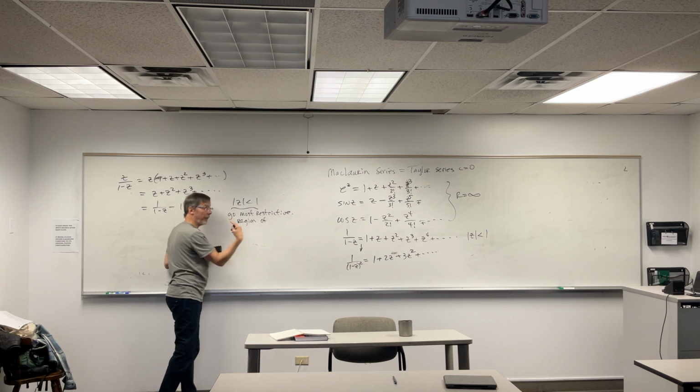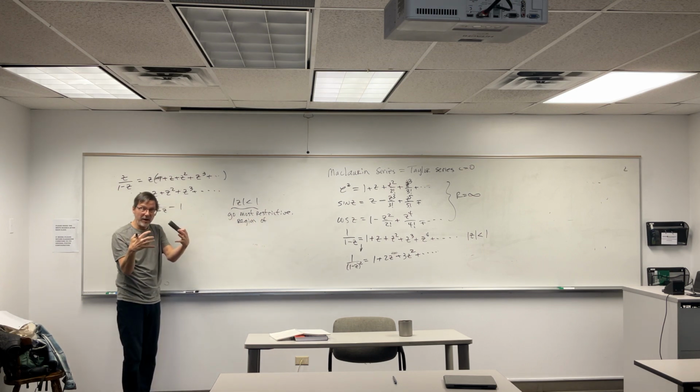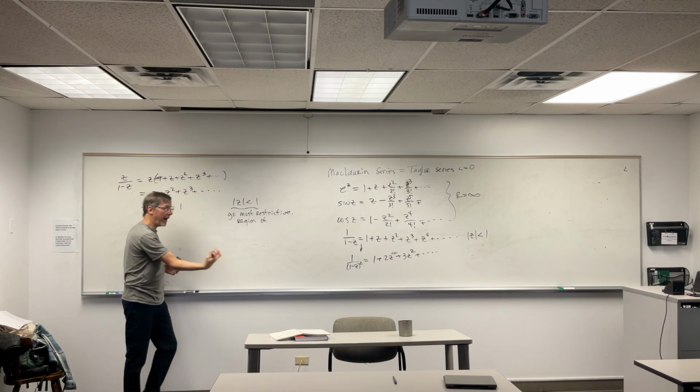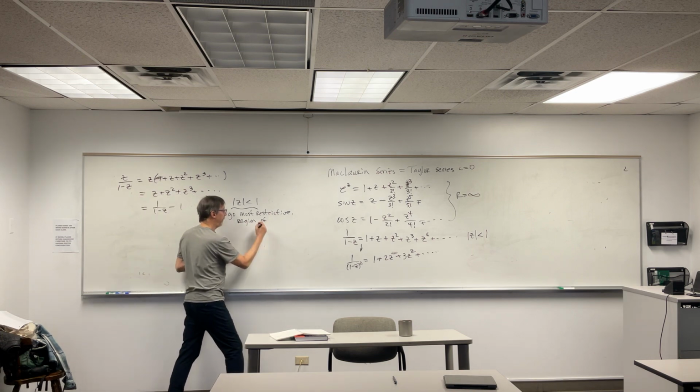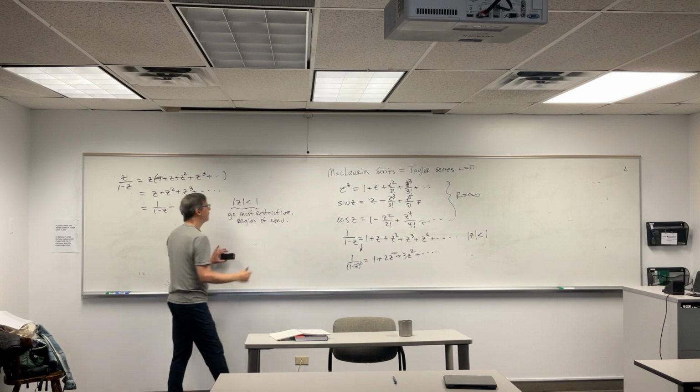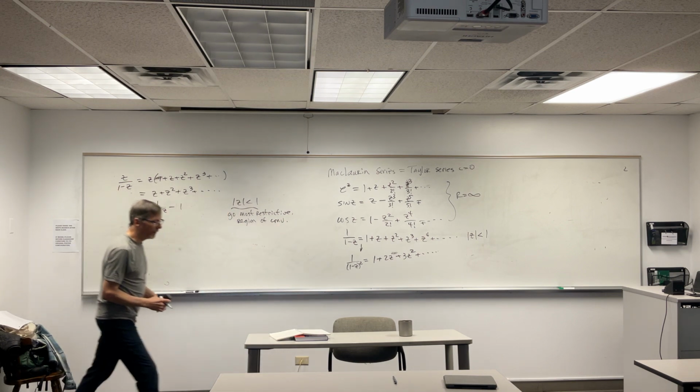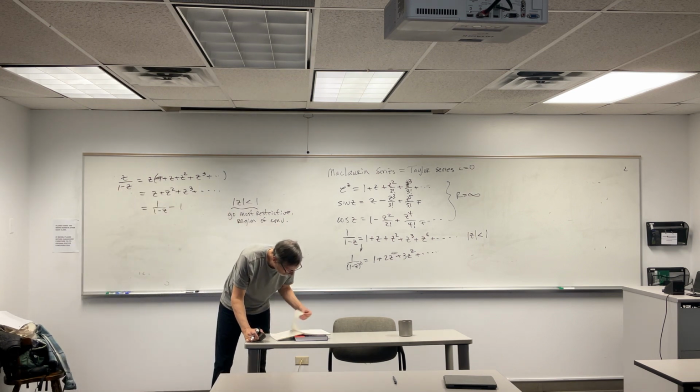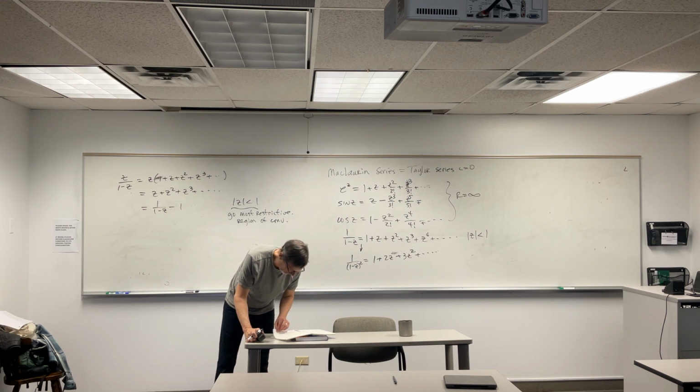So if I have multiple series that I'm combining together, I go for the one that encompasses both the radii, or both regions. Cool.